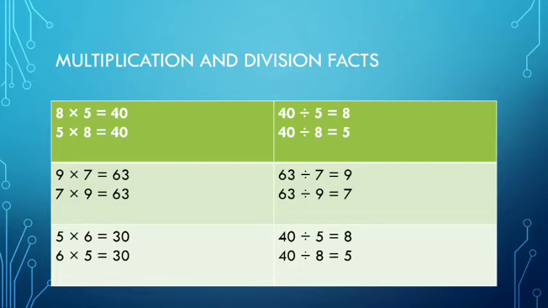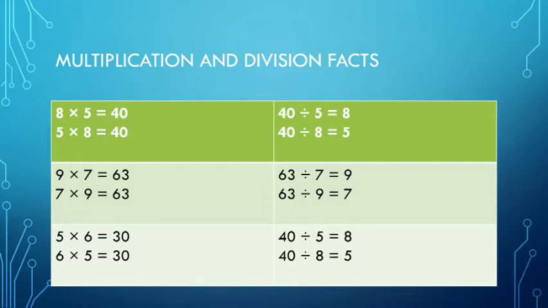Look at the first fact of multiplication. I will read 8 times table till 5 times or 5 times table till 8 times. My product will be the same. It is 40. 8 times 5 is 40. 5 times 8 is 40.